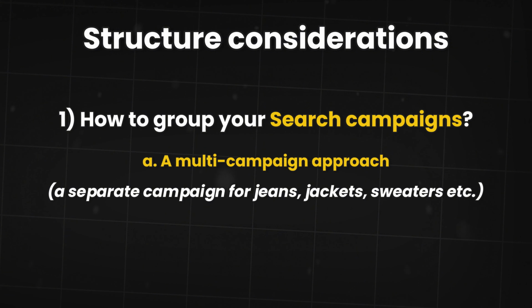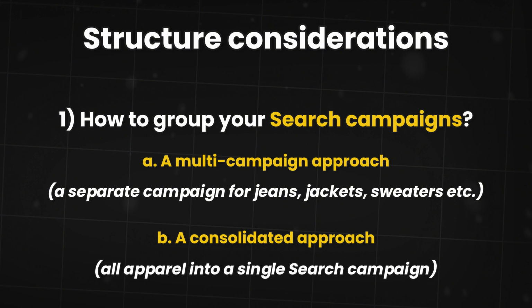The second approach is a consolidated approach where you group all your search ad groups into a single search campaign or a portfolio with a single search-wide budget and bidding target, and you let Google optimize how much to spend on everything within your campaign. Under this approach, you would put all apparel, including jeans, jackets, sweaters, etc., into a single search campaign.